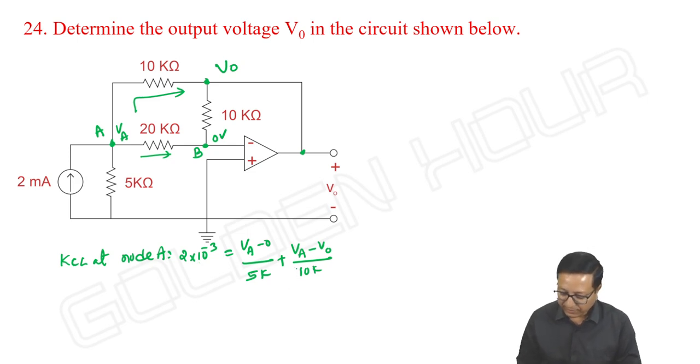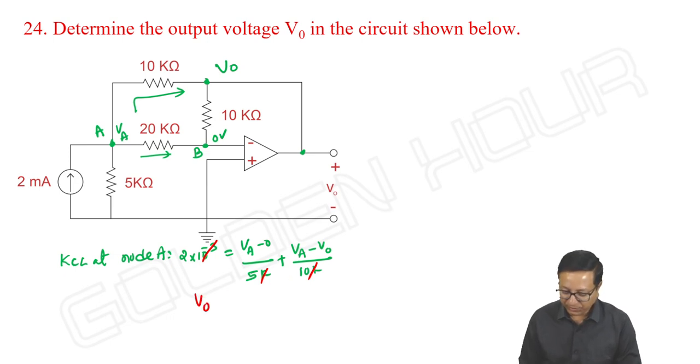Then here what we can write further. Anyway, 2 milli, right, and 5 kilo ohm means I can cancel this milli and kilo. Then VA by 10 plus VA by 5 plus VA by 10, how much do we get? 3 VA by 10.